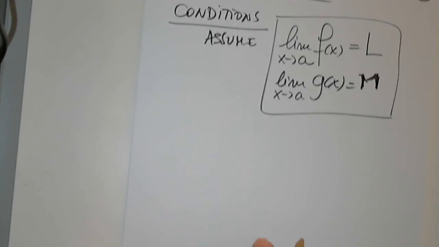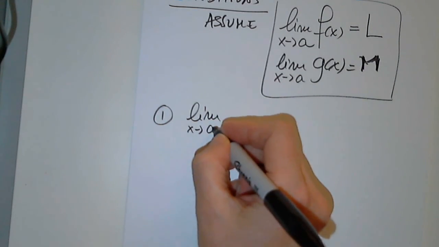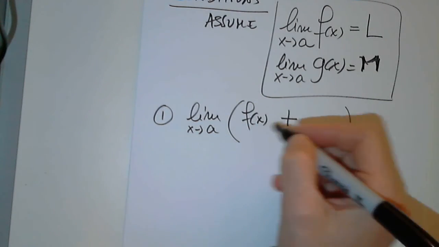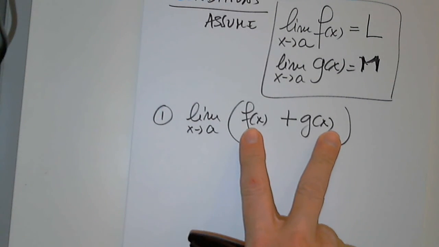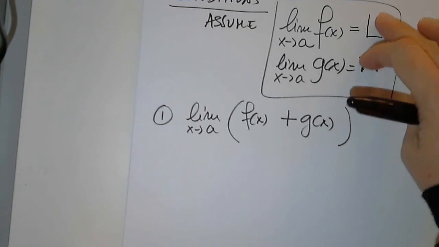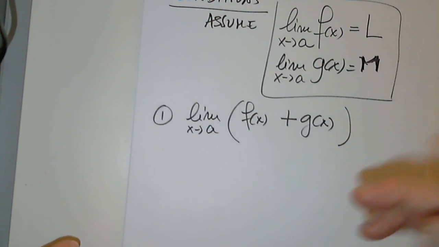So here is the first limit law. The limit as x approaches a of a sum of these two functions. If and only if the limits exist, like we assumed here, you can use any letters. I just used L and M because that's what the book uses, but you can use A and B, it doesn't matter, any number.